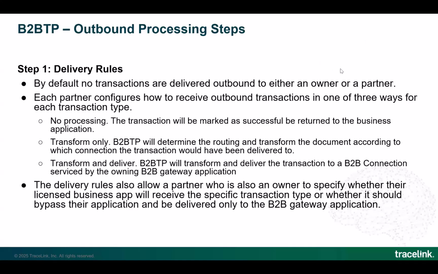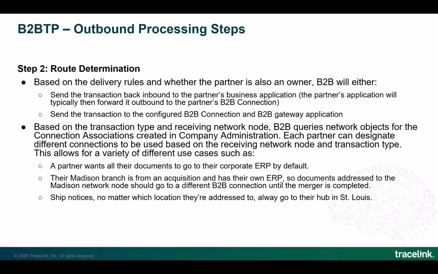The next stage that the outbound file will go to is the route determination, what route it should follow. The routing happens based on, again, the settings that you do under B2B integration. Remember, when we sent the transaction inbound, at that time there were 3 network nodes that were identified: sender network node, receiver network node, and owner network node.